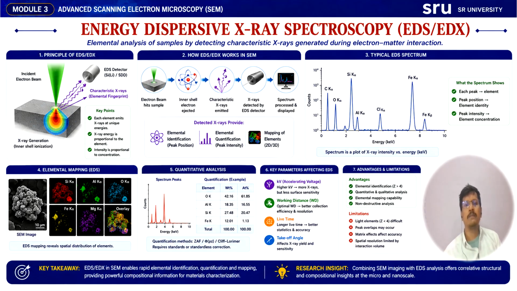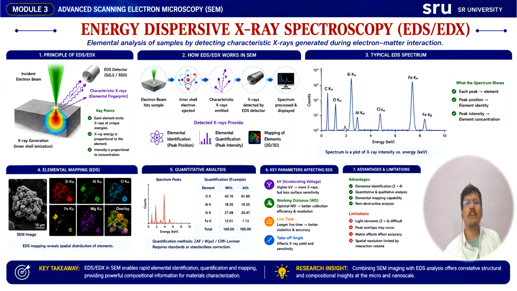For example, if a sample contains titanium, oxygen, and carbon, the characteristic peaks corresponding to these three elements will appear at specific energies. By analyzing these peaks, the researchers can identify the elemental composition.